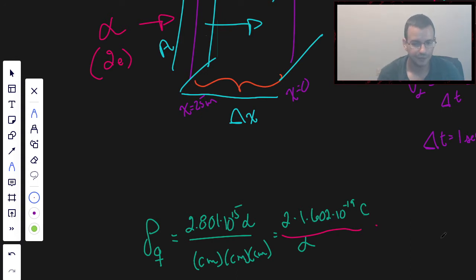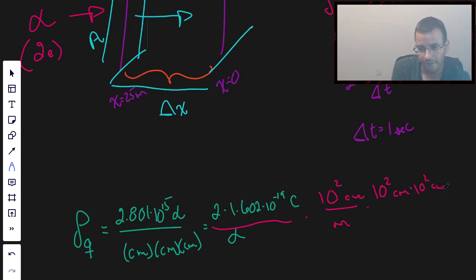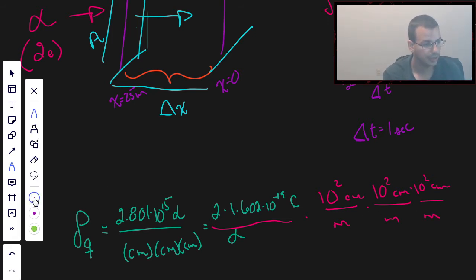For the centimeters, there are 100 centimeters, which I'm going to write as 10 squared centimeters per meter, and I'm going to do that 3 times because we have centimeters cubed, and we want to get rid of all the centimeters and convert them all to cubic meters.